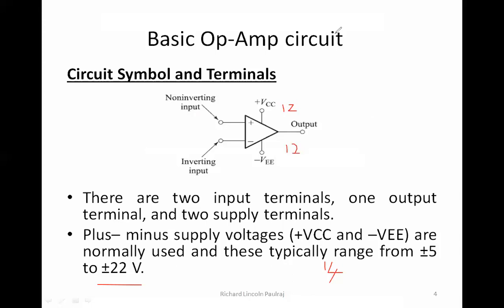Fine. So here I'm giving my plus VCC, here minus VEE, and I'm getting the output here, with the non-inverting input and the inverting input. So these two are the input terminals and it has one output terminal, and it has two supply terminals. Those supply terminals are your plus VCC and minus VEE.